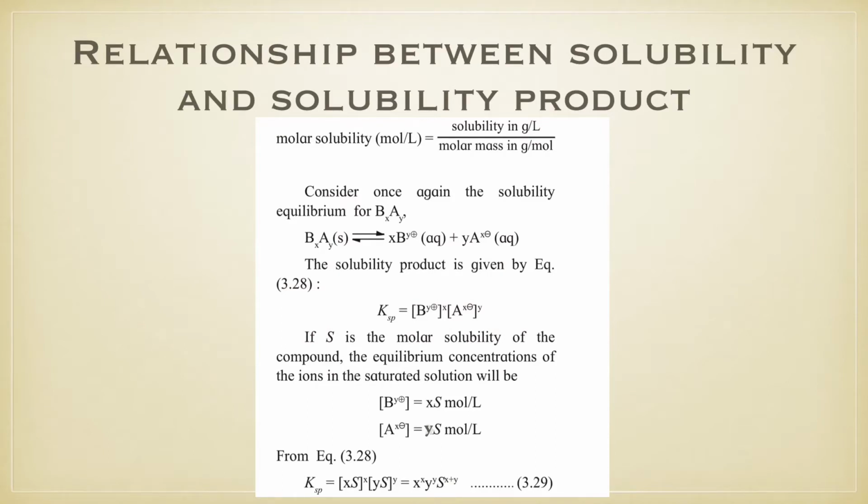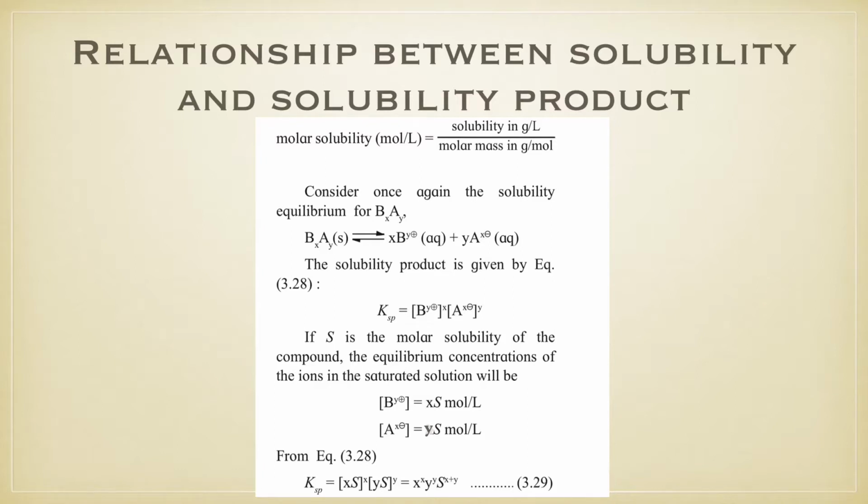As per the definition of molar solubility, molar solubility is equal to solubility in gram per liter upon molar mass in gram per mole. So simply, solubility upon molar mass will give me molar solubility.